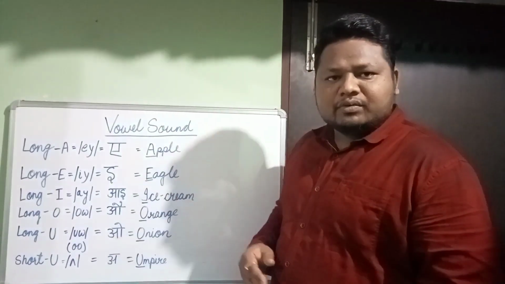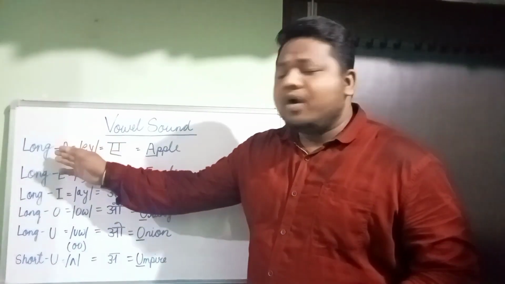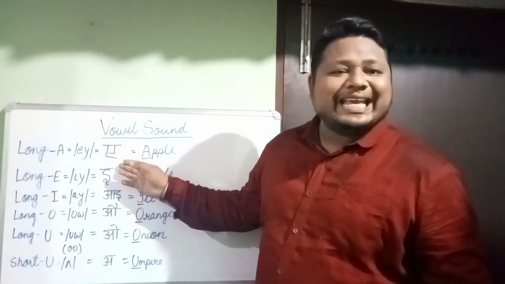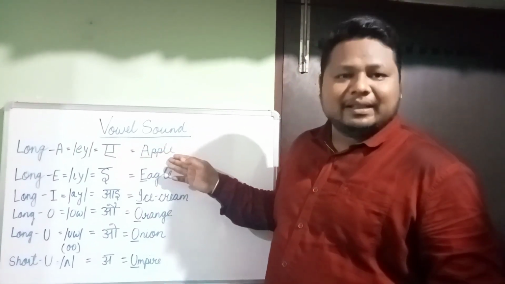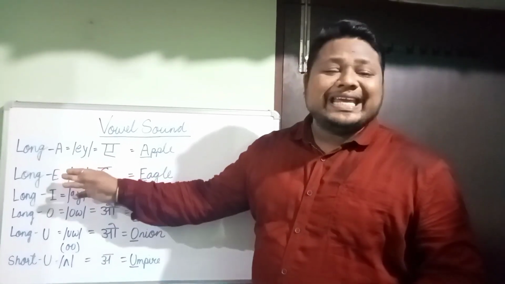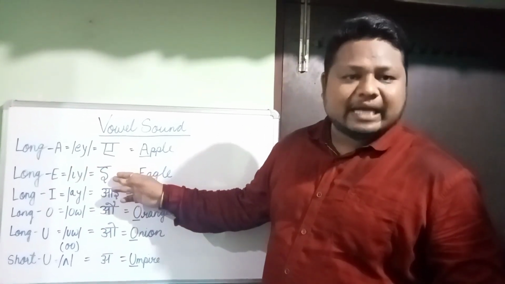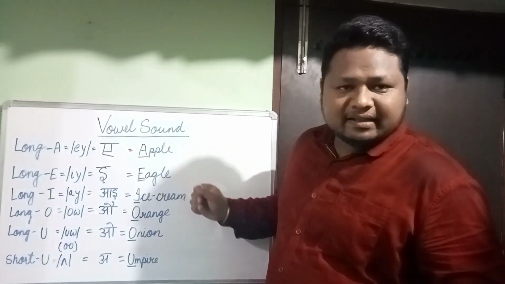Now, children, before we see the uses of these articles, I would like to tell you about the vowel sounds. Vowel sound. When you say long A, it makes A sound, A as in apple. When you say long E, it makes E sound, E as in eagle.